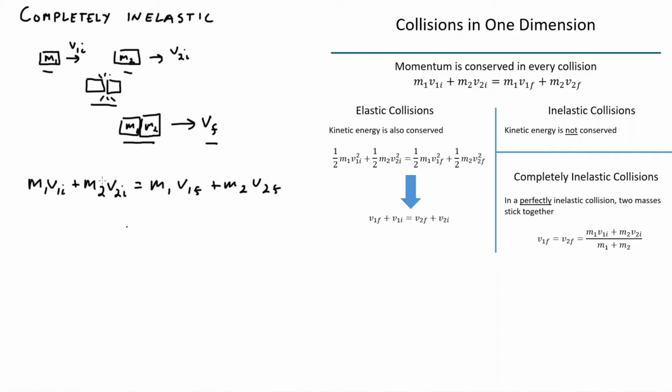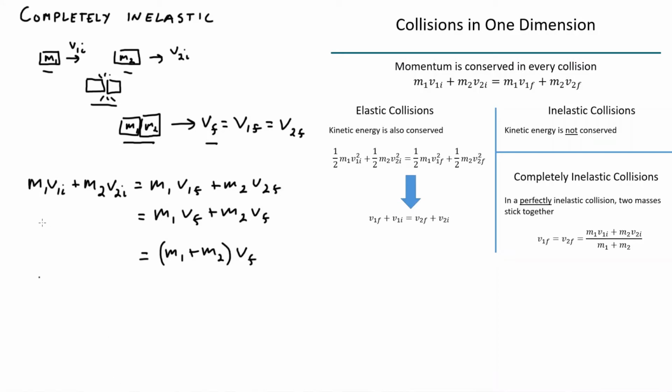But v1 final and v2 final are both the same. v final equals v1 final equals v2 final. So on this side, I can write this as m1 v final plus m2 v final, which is the same thing as m1 plus m2 times v final.